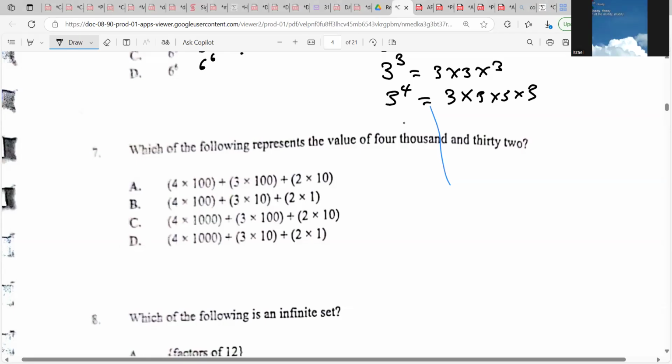Yes, sir. It asks which of the following represents a value of 4,032. It cannot be A because it said 4,000 and in A it says 400 and 320. So it cannot be A. It cannot be B either because instead of 4,000 it has 400.